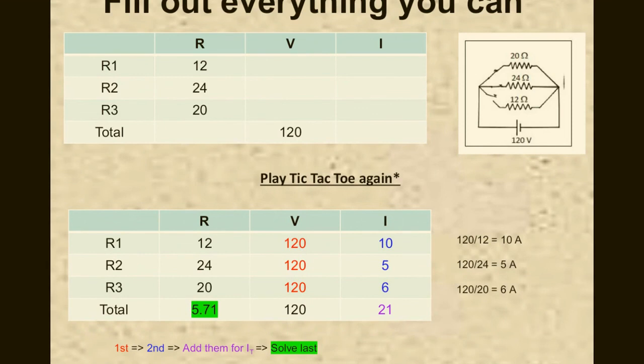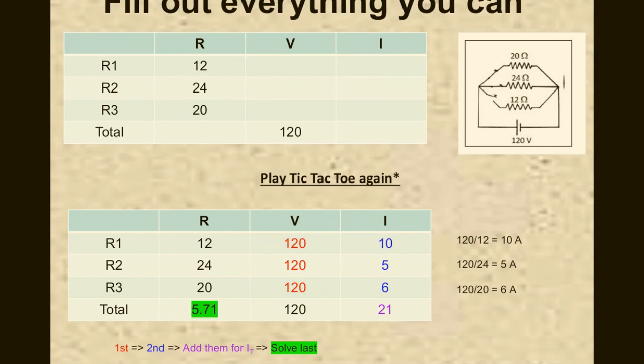So I'm going to play tic-tac-toe again, except I went a little bit different route, the second route that I showed you, and that was that I wrote my voltages down first. Then I solved for each individual branch of the current. So now that I have 120 divided by 12 and so on, I found those. And then I found my total current by adding those, the 10, the 5, and the 6.